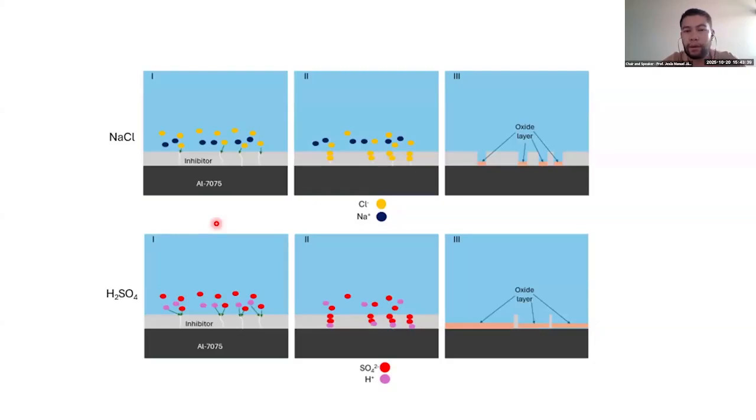The aggressivity of the electrolyte. Chloride ions begin attacking the crack zones and generate a dissolution of those zones. In the sulfuric acid, the behavior is the same, but as sulfuric acid is a more aggressive media, the dissolution of the inhibitor is bigger.